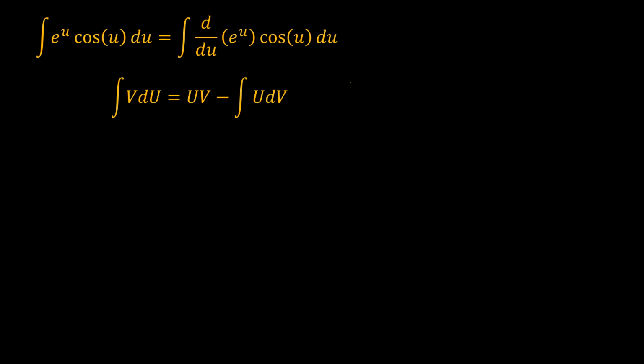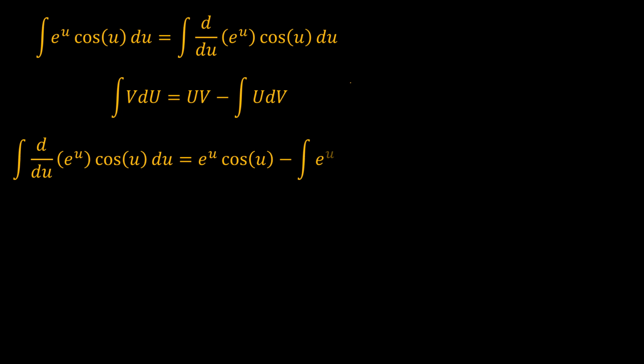So from here, we'll consider u to be e to the power u and v to be cosine u. So that what uv now becomes is e to the power u times cosine u, minus, now the product of u, e to the power u, and the derivative of cosine, which is negative sine.